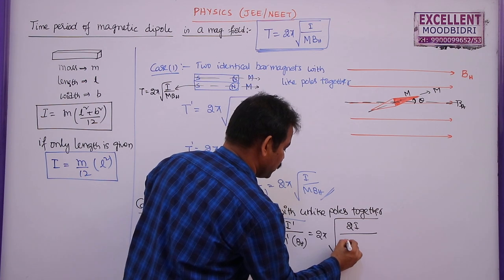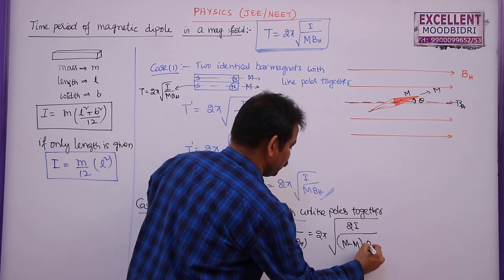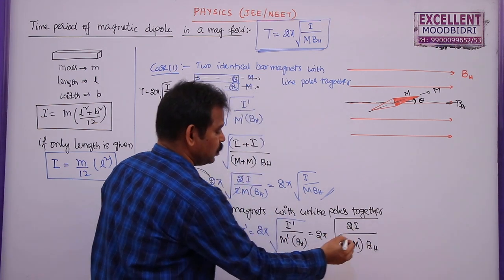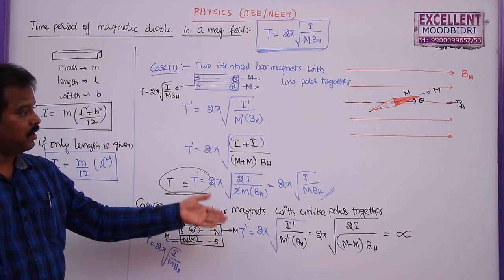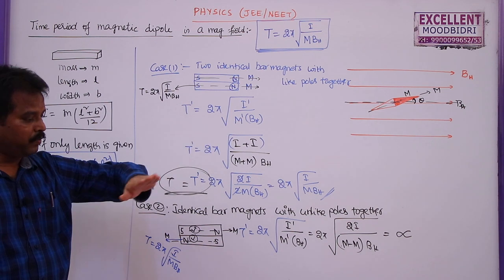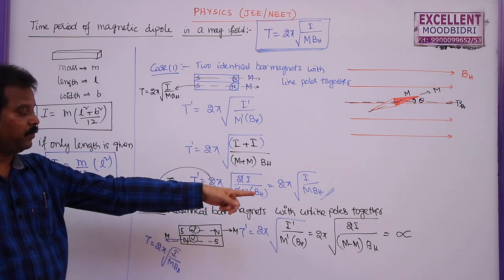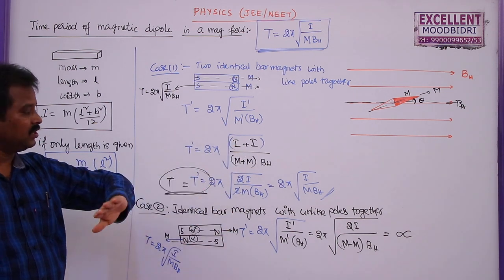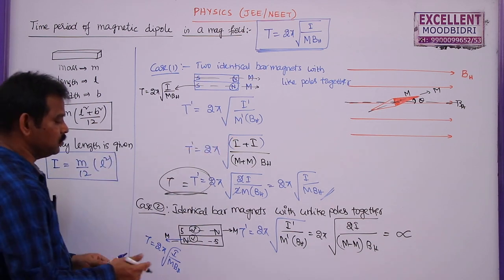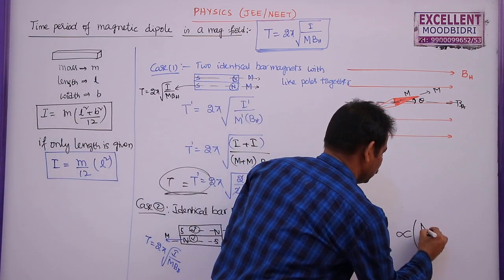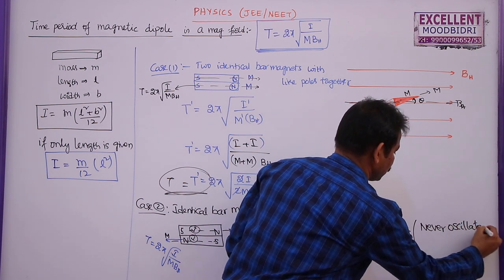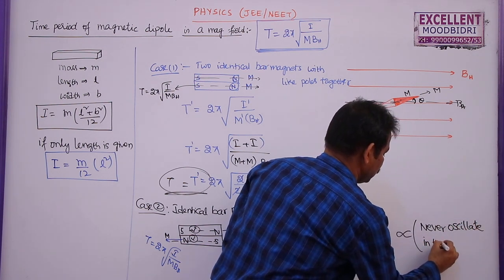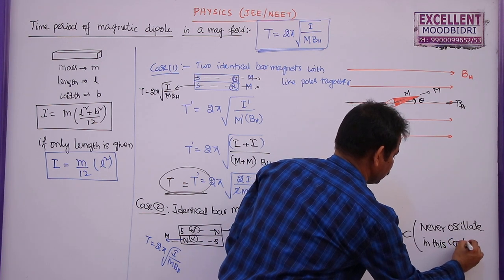Net magnetic moment will become m minus m into bh. Something by 0 will become infinity. So what is the meaning of this time period? Time period is infinity. That means to complete one oscillation, it will take infinite time. Infinite time means it never oscillates in this position. So it never oscillates in this combination.